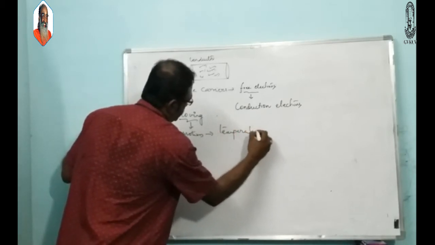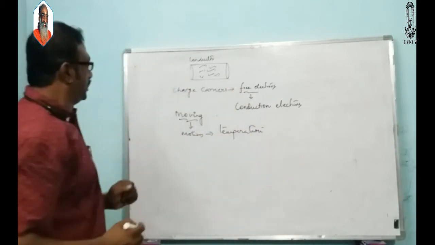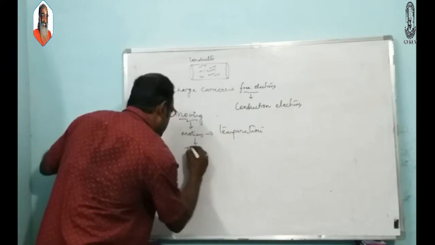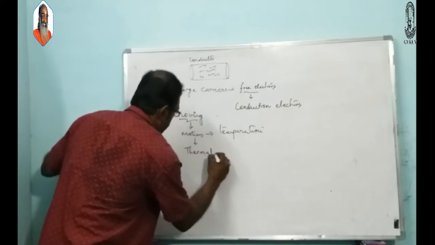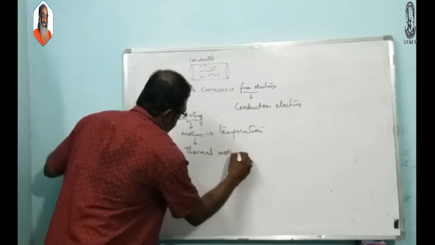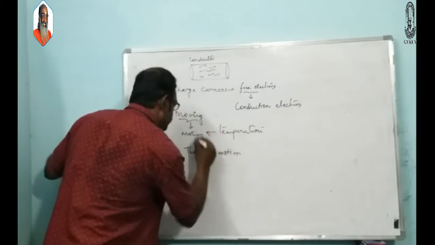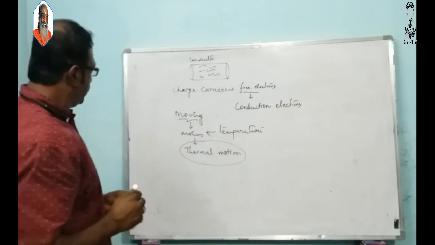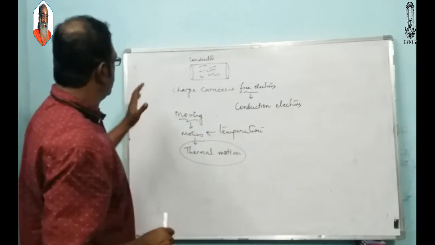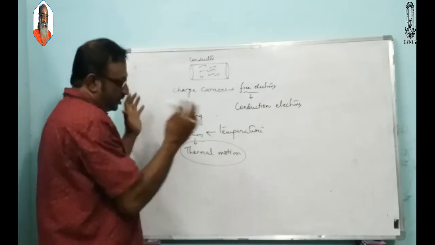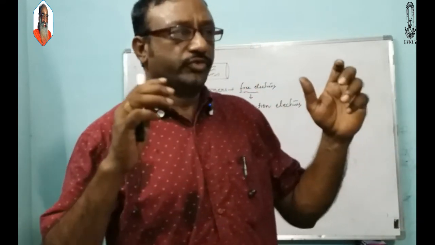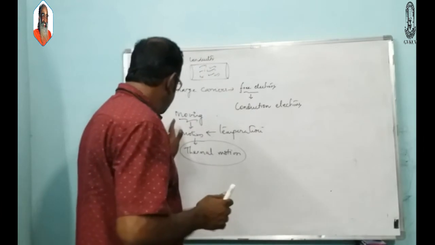Because it depends upon the temperature, it's called thermal motion. So this motion is called the thermal motion. Anyways, here we understood that the free electrons are moving here and there, and we call this motion the thermal motion.